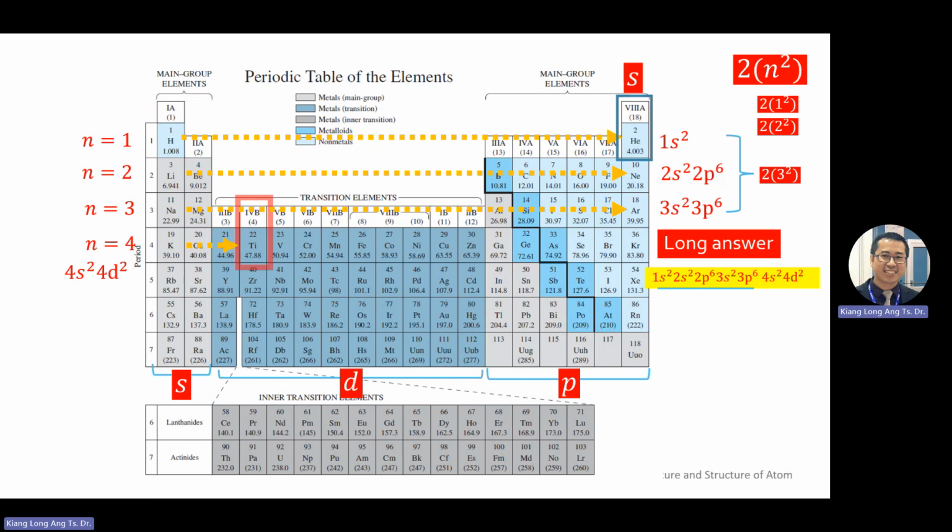You can represent 1s2 until 3p6 as one element, argon. You can write argon, continue, write 4s2, 3d2. The representation is bracket, what is the element, plus the remaining electrons. So that you don't need to write a very long answer.